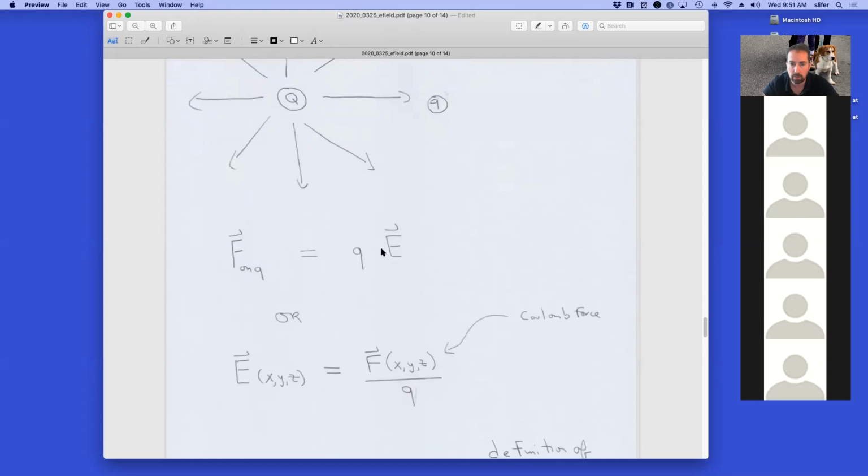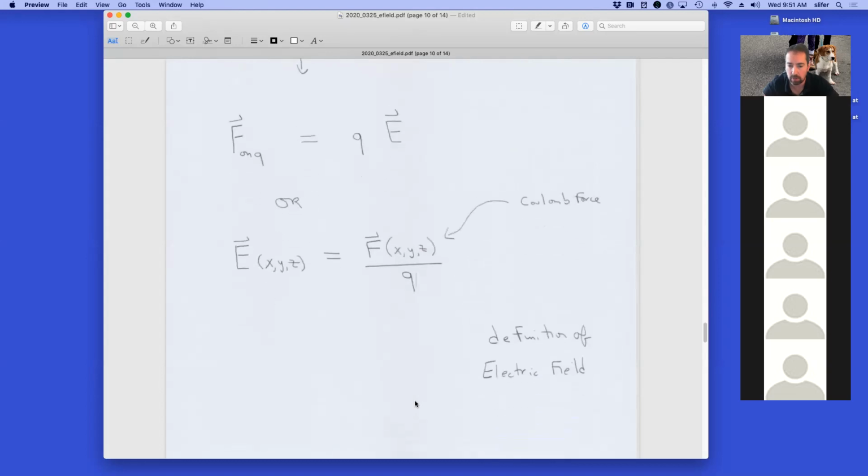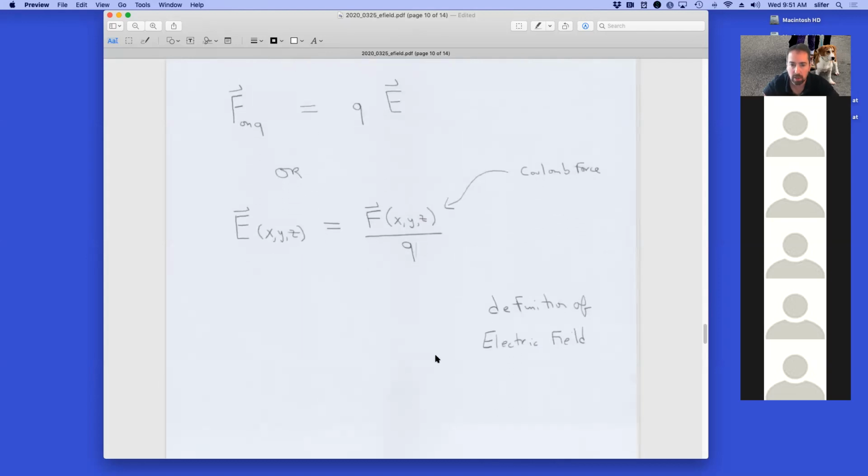So I want to think about, okay, I have this source, I bring in a small test charge q, I figure out what the Coulomb force would be, and then once I've done that, I divide out the q. I know it sounds weird, but bear with me. I hope to try to convince you that this makes sense in a moment. So this is our definition. You start with Coulomb's law, you divide out the small q.